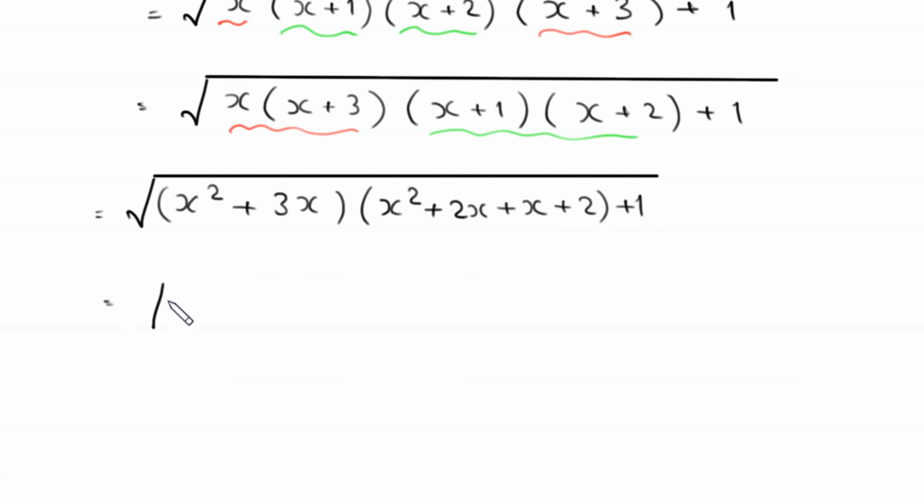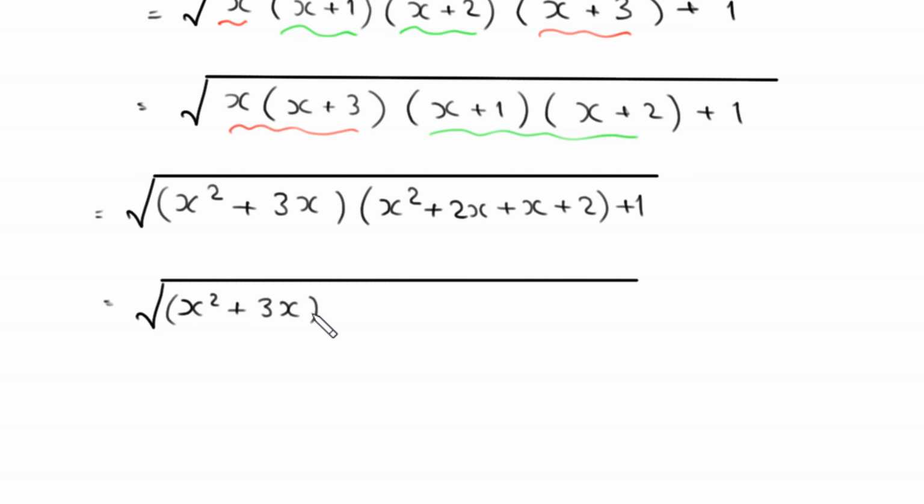Next, square root of x squared plus 3 times x, times x squared, this 2x plus 1x will become plus 3x plus 2, plus 1.